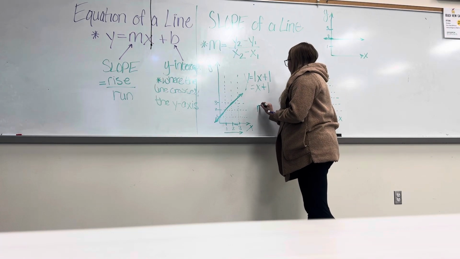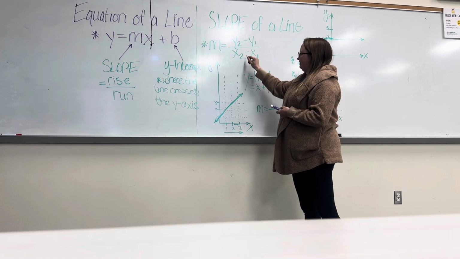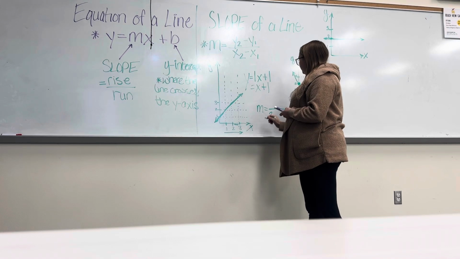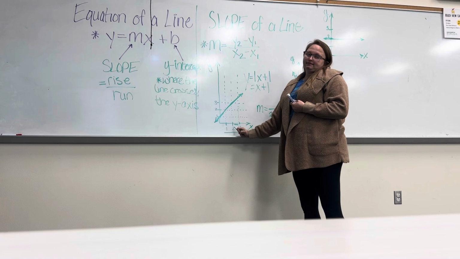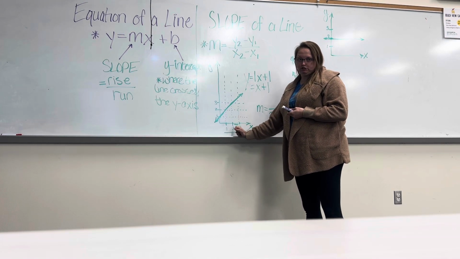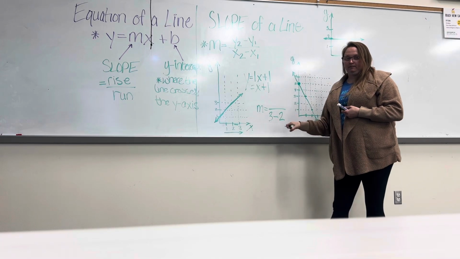So your final x is going to be 3 seconds minus your initial x. We said between 2 and 3, so your initial x is going to be 2. So 3 minus 2 on the bottom.